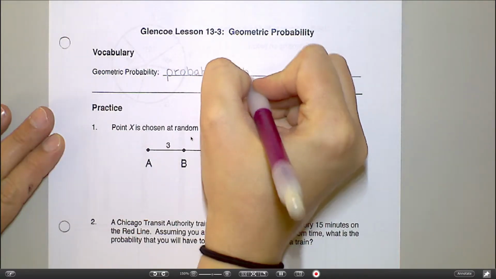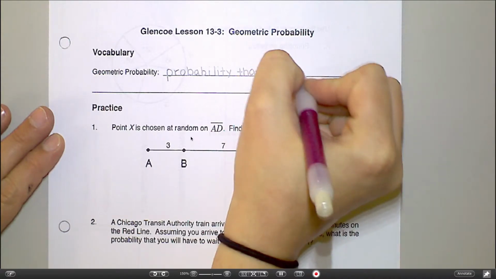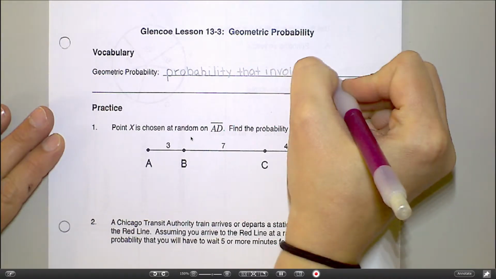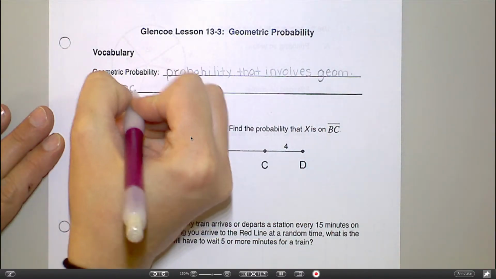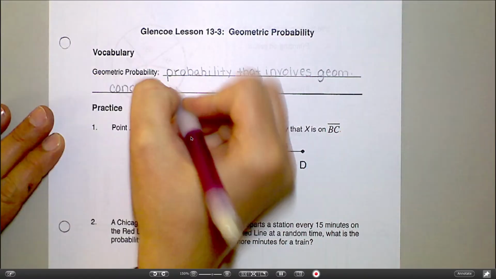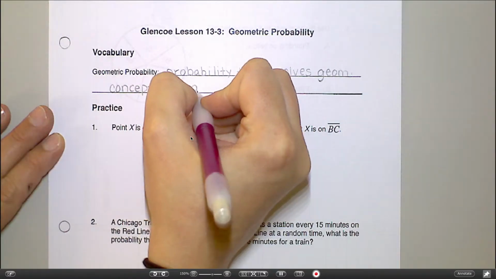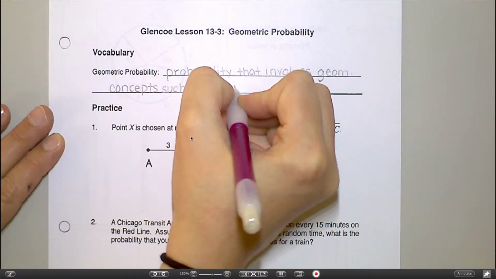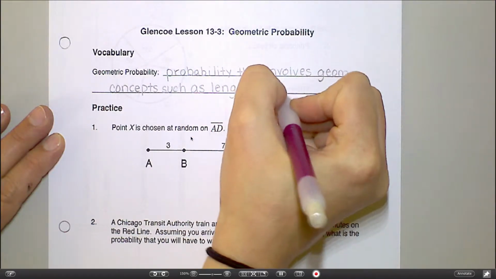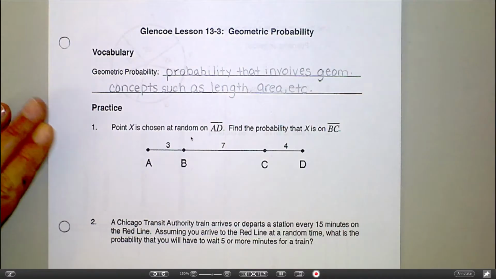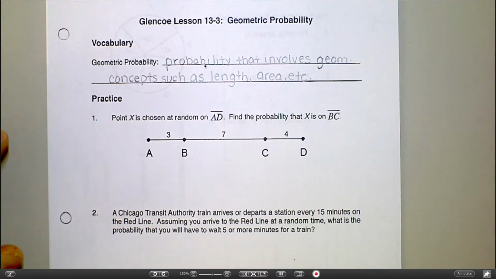Probability that involves geometric concepts such as length and area. Okay? So again, this is our big tie-in to geometry here.